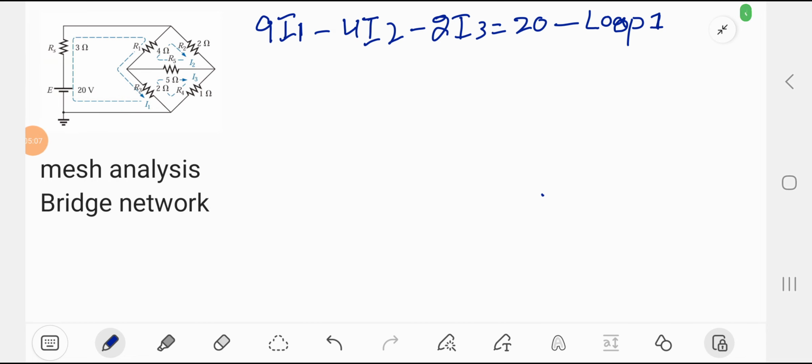For loop 2, through mesh analysis we can easily find the equation.